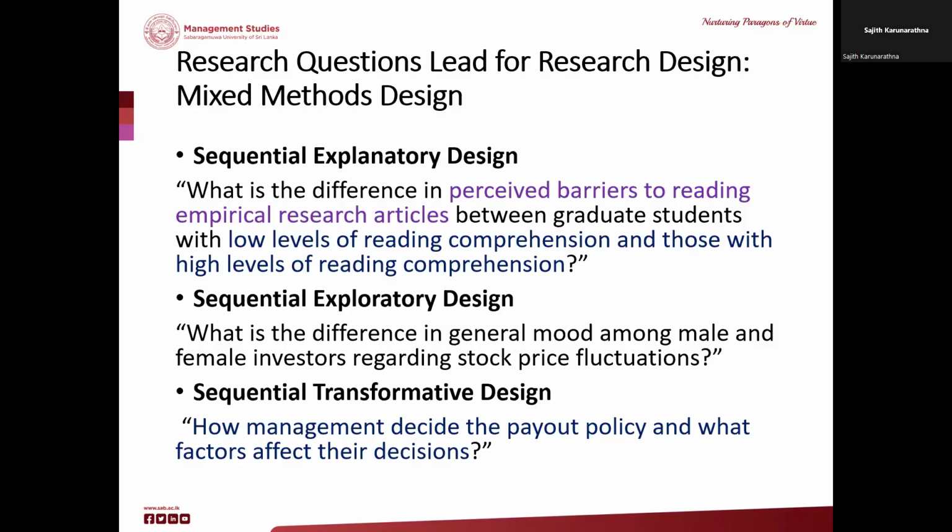But when it comes to the payout policy, there are 14 theories which explain the dividend policy or the payout policy, starting from signaling theory, catering theory, life cycle theory, free cash flow theory, stakeholder theory.